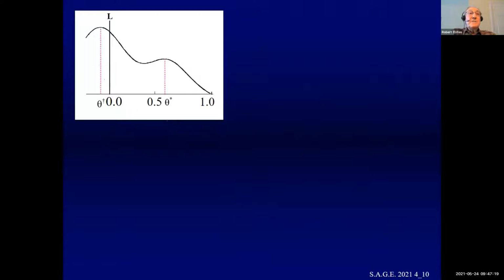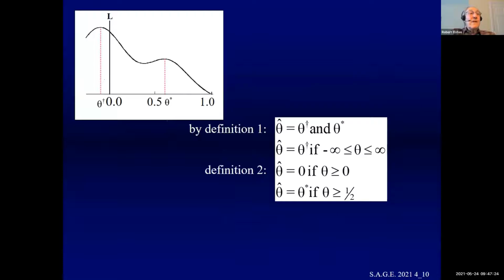So consider this particular example, this funny likelihood. By definition one, theta hat, there are two maximum likelihood estimates: one at theta dagger on the left, and also one at theta star, because there are two maxima.